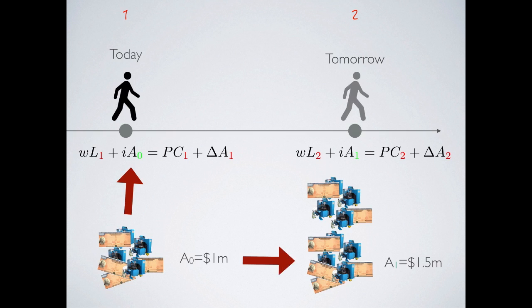However, that's not all the initial asset value for tomorrow. Part of the initial asset value comes from today's investment, delta A1. So both together, when you sum them together, which would give you A1. Therefore, we get the asset accumulation equation. A1 is equal to A0 plus delta A1.